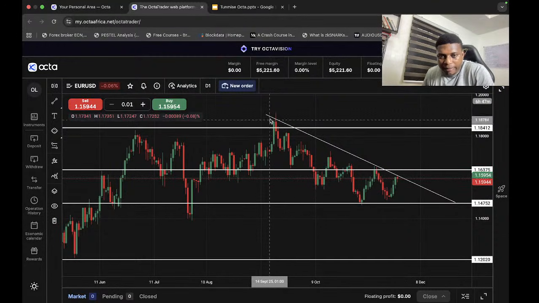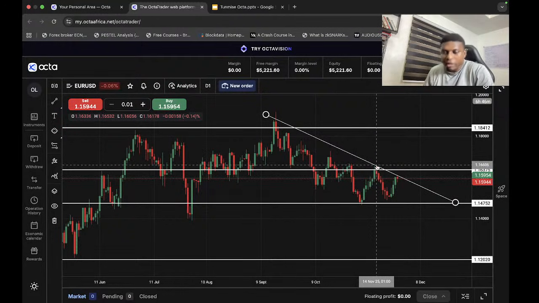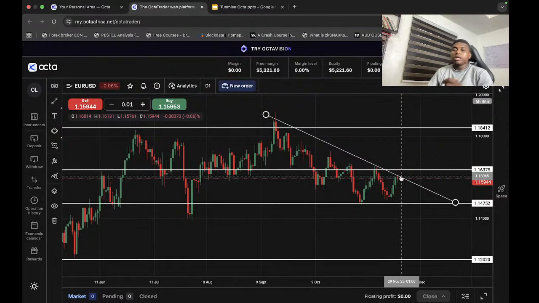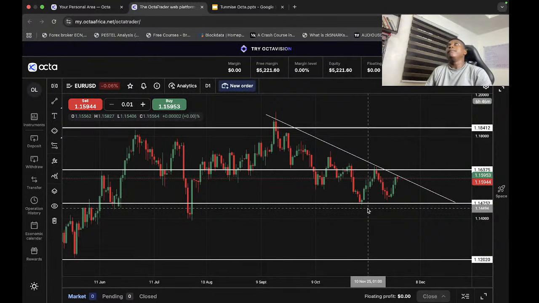As we can see here, price came down, went up, came down, went up, came down further here, went up again, came down, and is currently here. Now, if you look at this from the higher time frame perspective, you discover that, give me a minute.